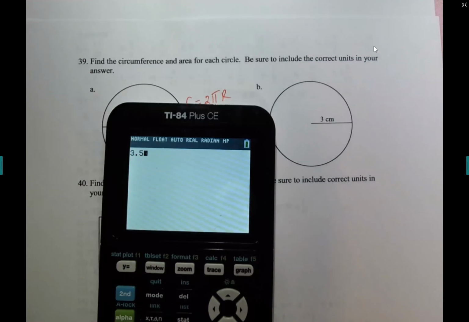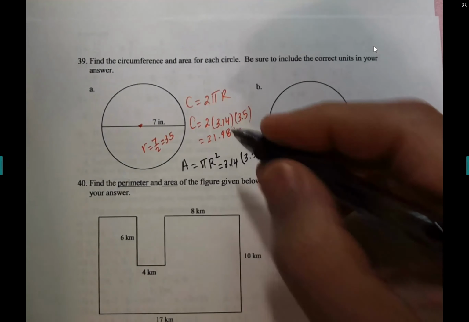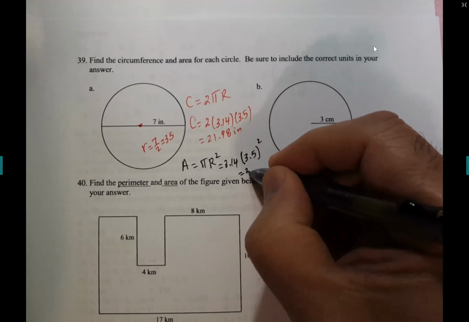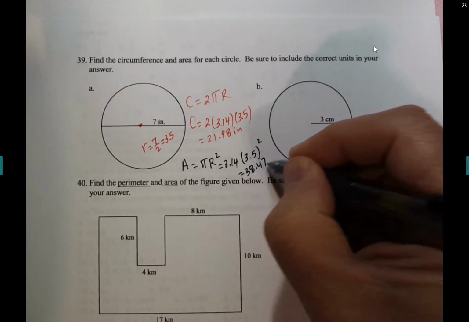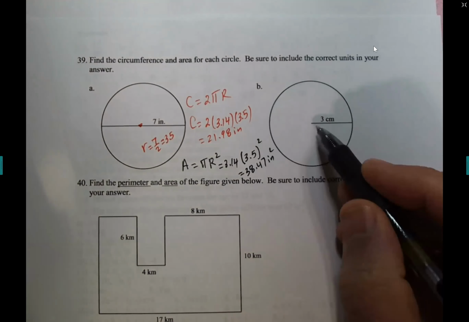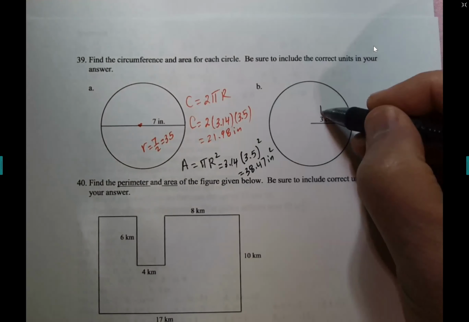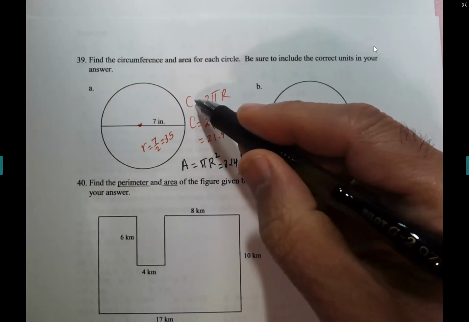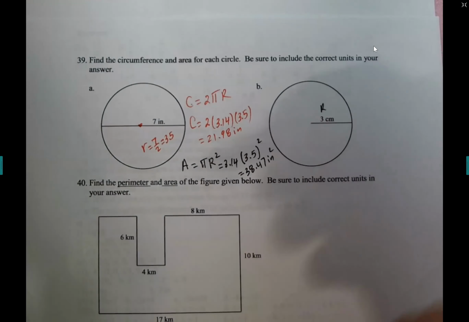So 3.5 times 3.5 times 3.14. 38.47. And the unit is inches square. Same thing here. You have the radius, which is 3 centimeters. Just use C and A, same formula.